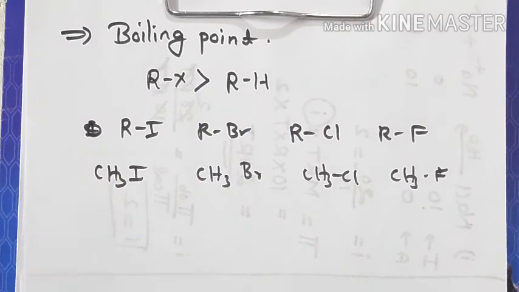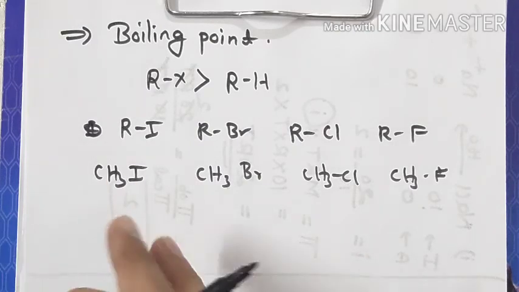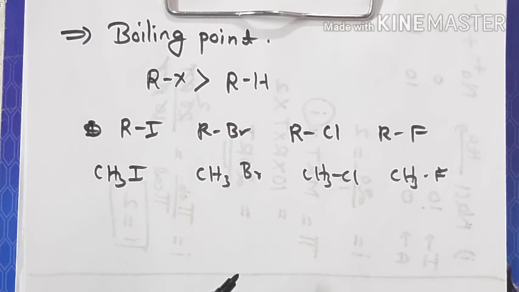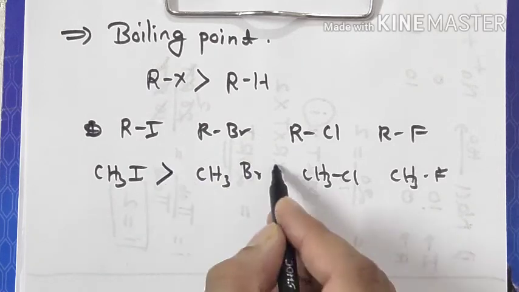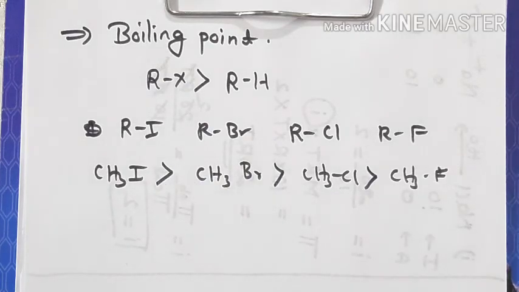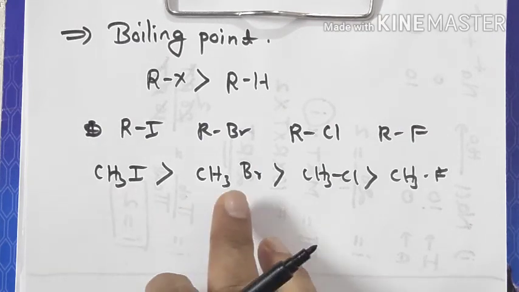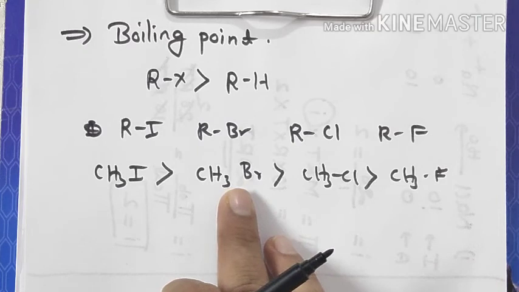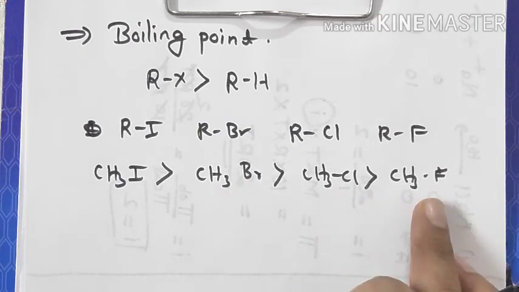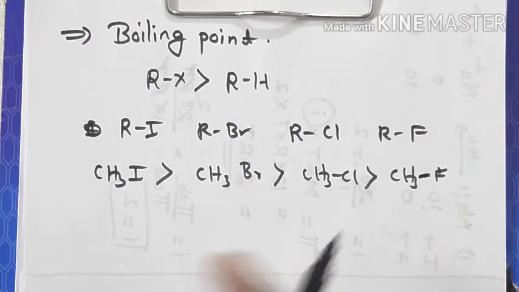Which will have the highest boiling point? Methyl iodide will have a higher boiling point than the bromide, which will have a higher boiling point than the chloride, and then the fluoride.